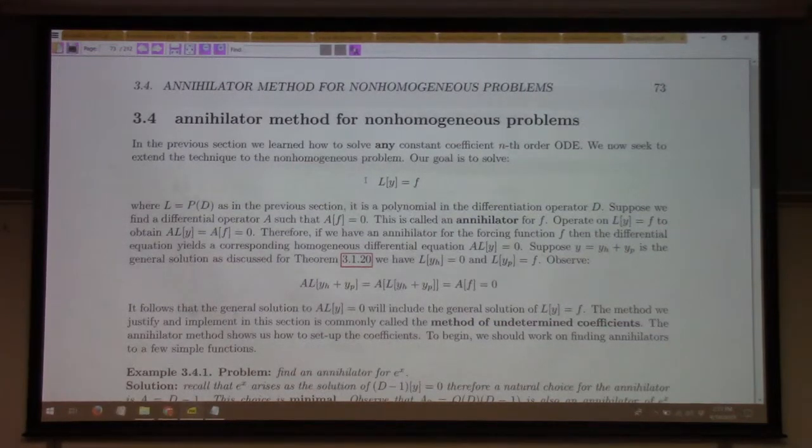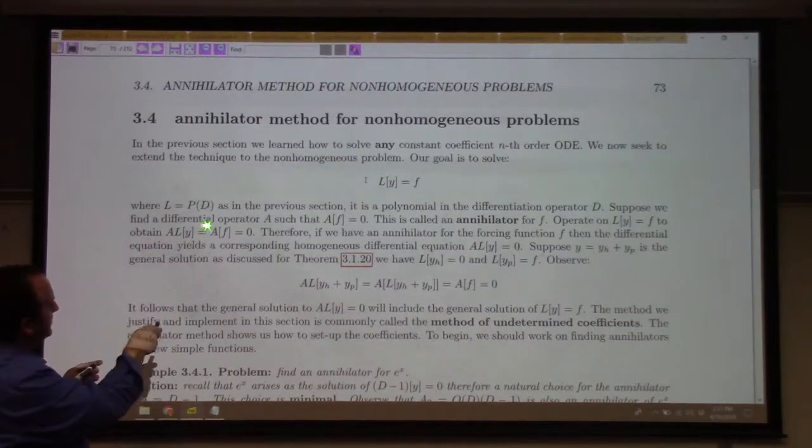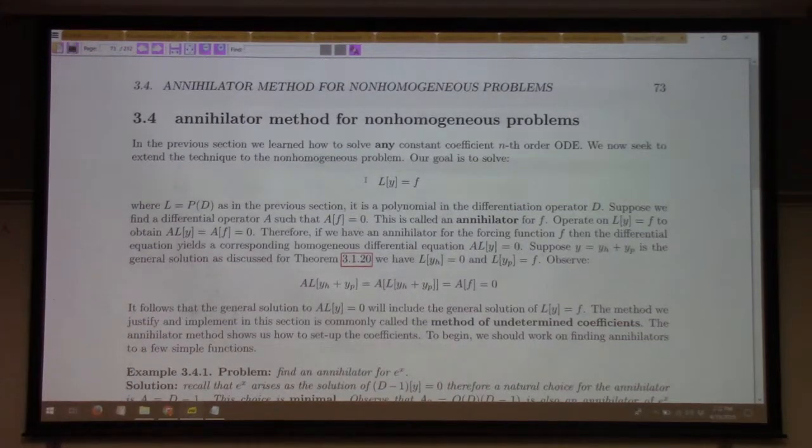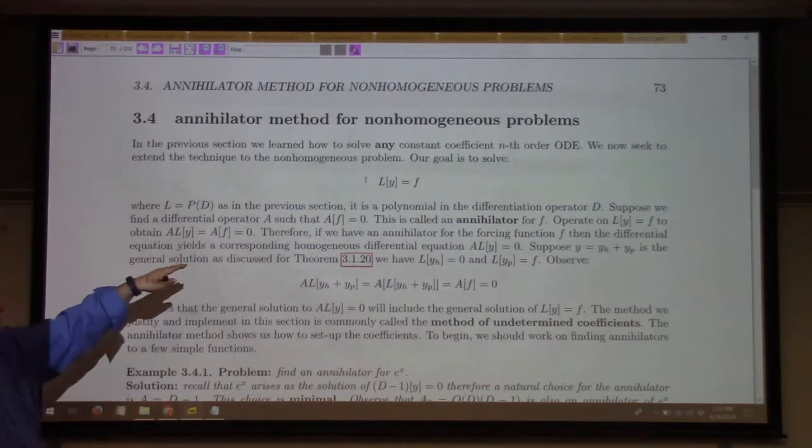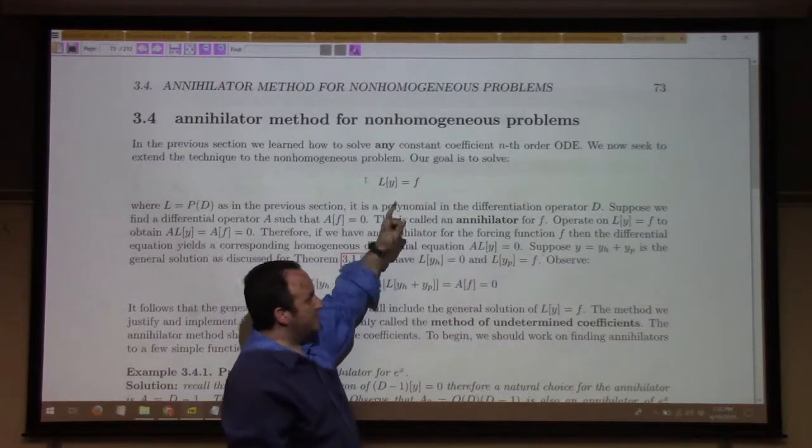So I summarize this by saying that L is a polynomial in the differentiation operator. And so the nth order problem is to solve L of y equals f, where f is the so-called inhomogeneous term, all right?